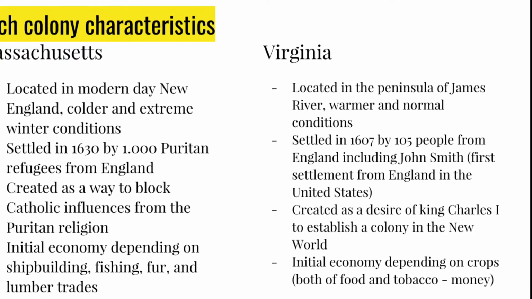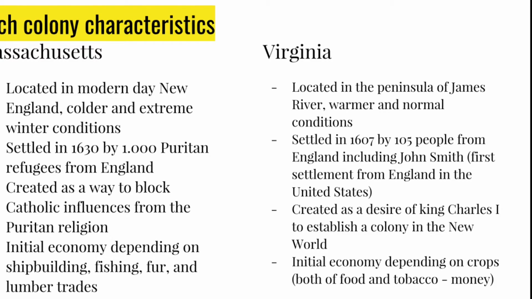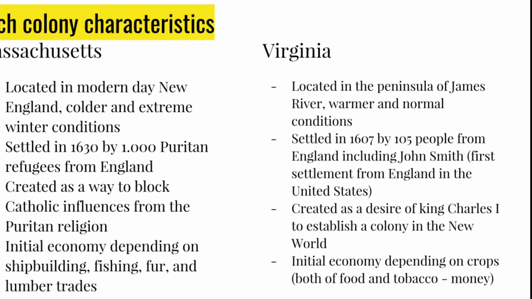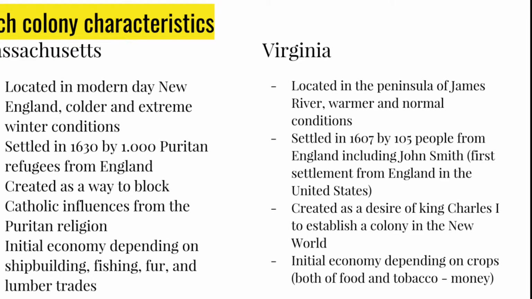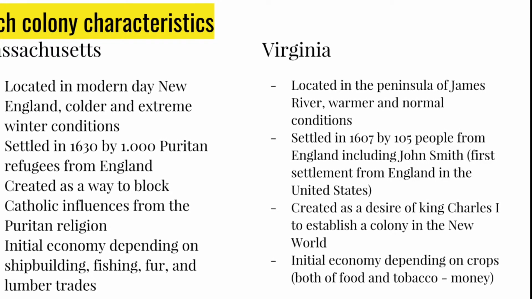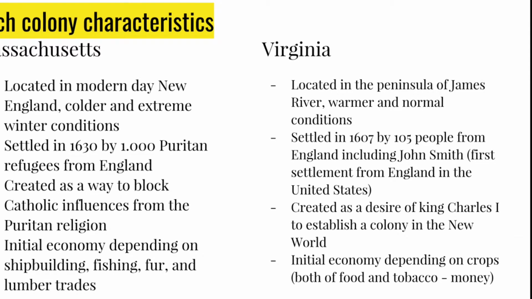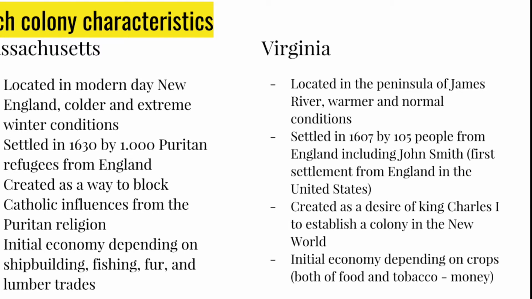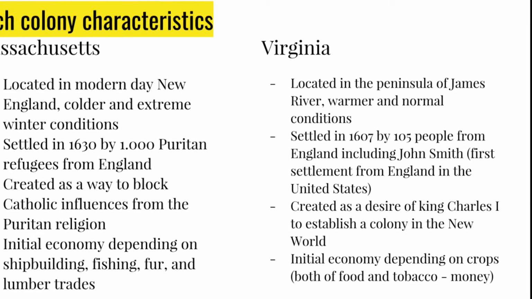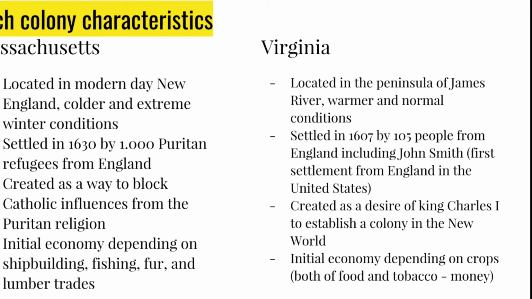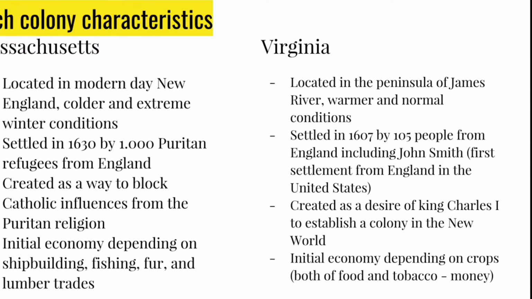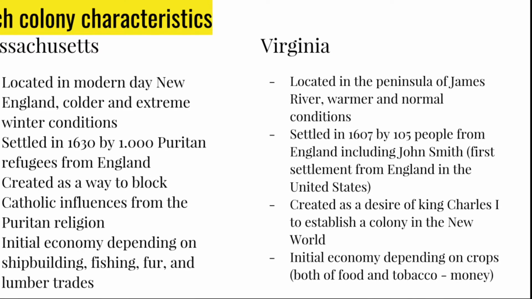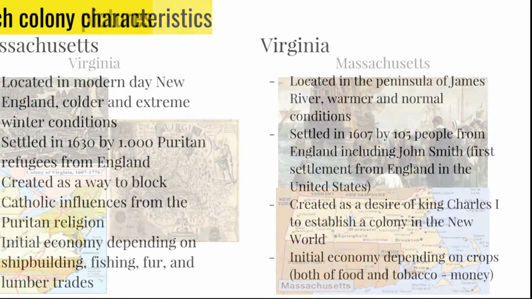Unlike Massachusetts, it was not created as a way to block Catholic or religious influences or from refugees. It was created as a desire of King Charles I to establish a colony in the New World. Its initial economy depended on crops, both of food and tobacco, which led to a varied amount of money, but high also. It is important to remember that each colony had its own very specific characteristics, and they had nothing to do with each other.